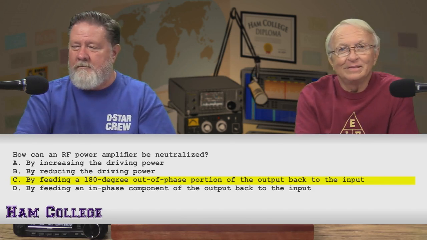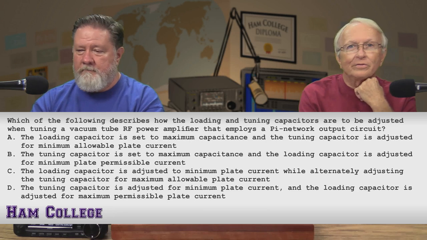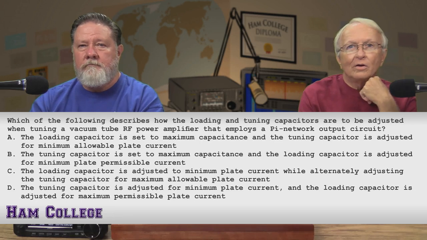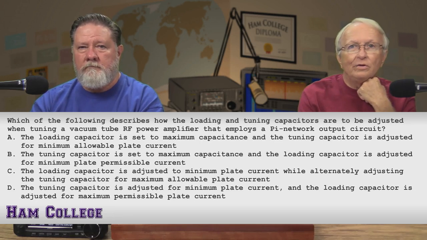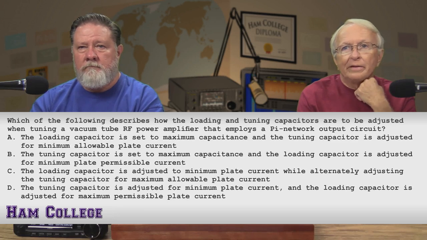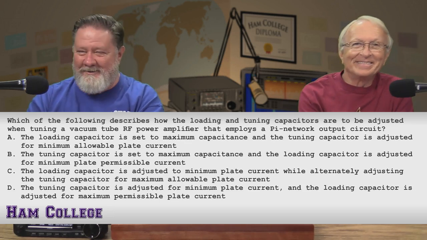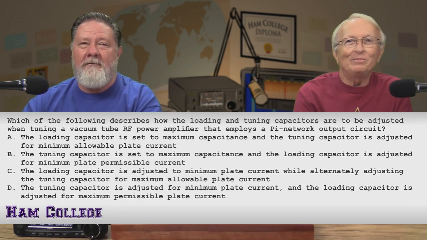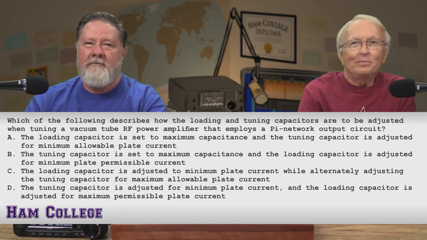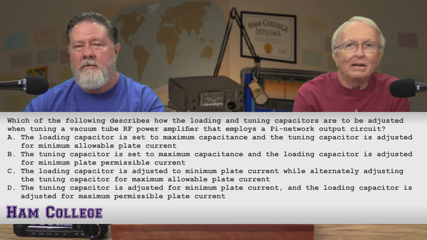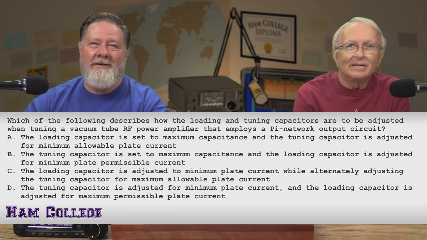Which of the following describes how the loading and tuning capacitors are to be adjusted when tuning a vacuum tube RF power amplifier that employs a pi network output configuration? I just had to open my mouth up, didn't I? It's a breeze, man. You got this. A, the loading capacitor is set to maximum capacitance and the tuning capacitor is adjusted for minimum allowable plate current. We're going to be tied tonight.